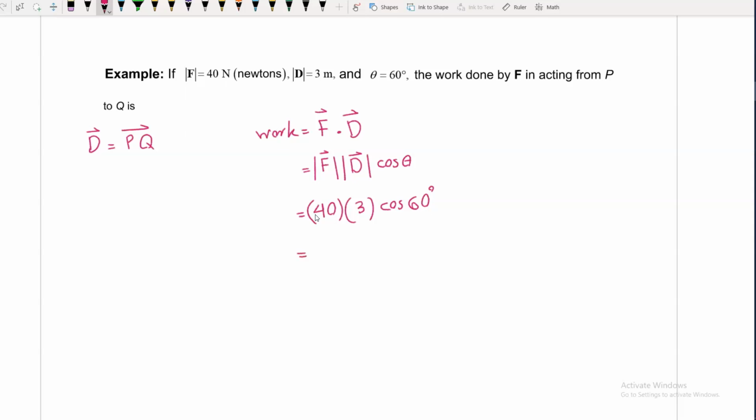So this is equal to 40 times 3, which is 120, times cosine 60 degrees, which is equal to 1/2. And this is equal to 60 joules. Joules are the units of work.